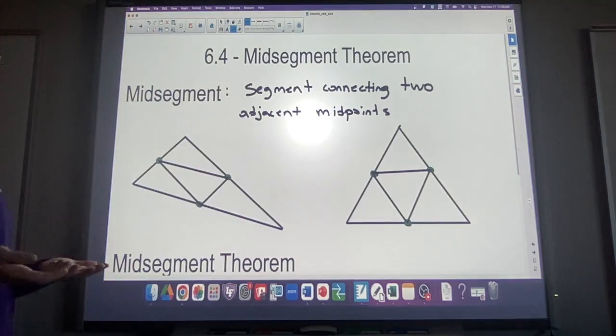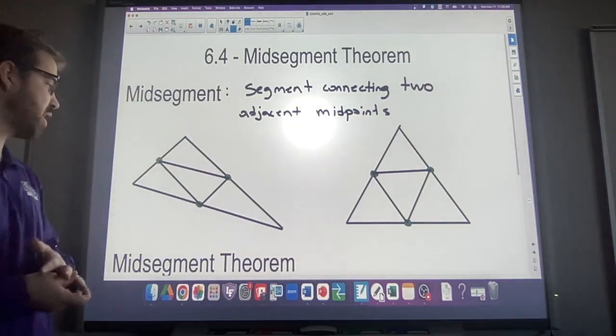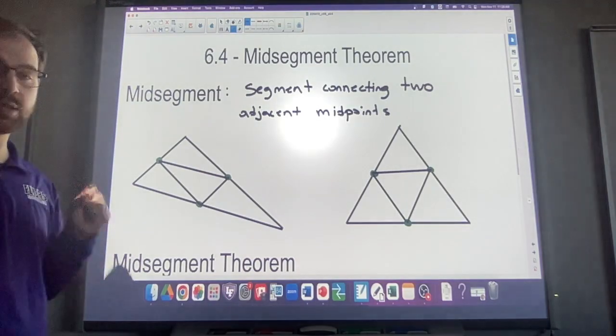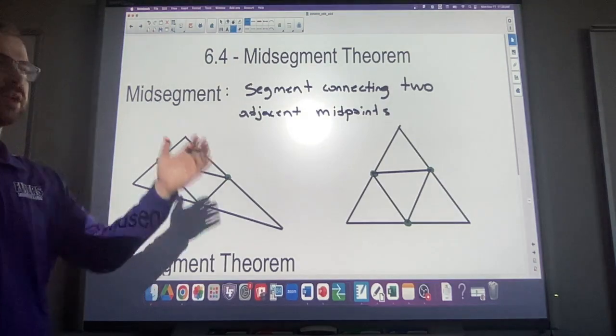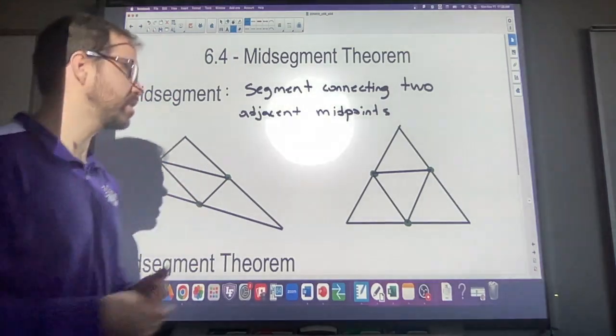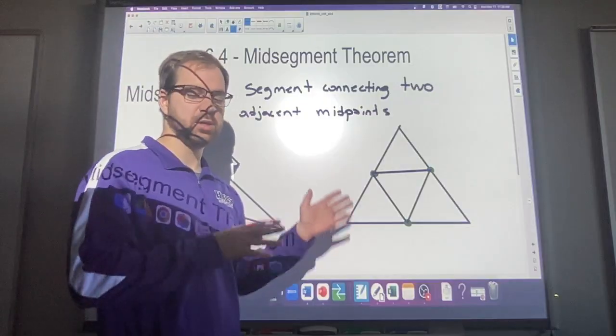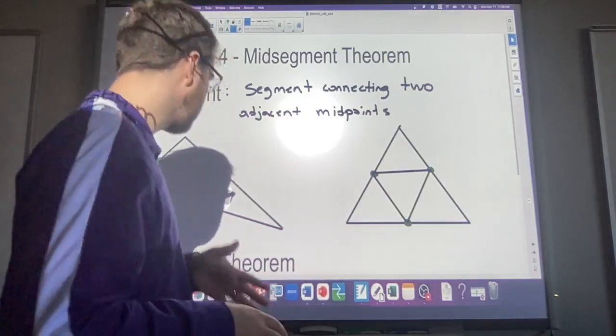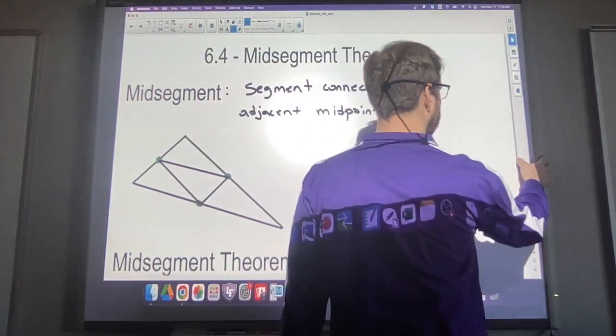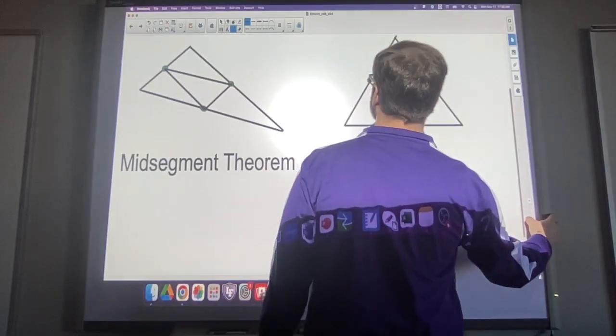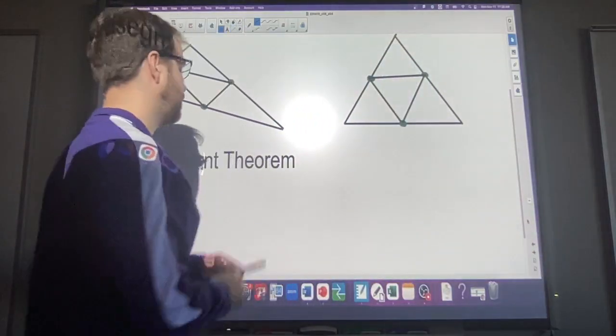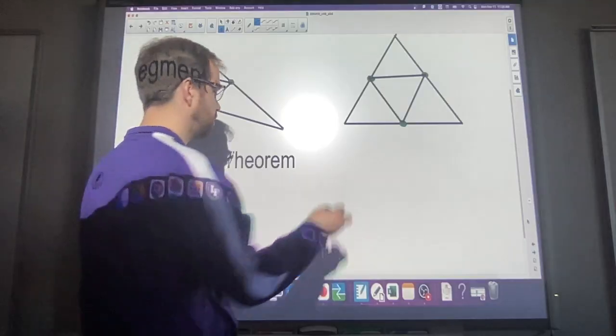So we've got two midsegment triangles. We draw all the midsegments on the triangle, and they don't cross at one location, so we don't have a word like centroid or incenter or anything like that. They're just midsegments. So we have the midsegment theorem, which says, first of all, there are two things.